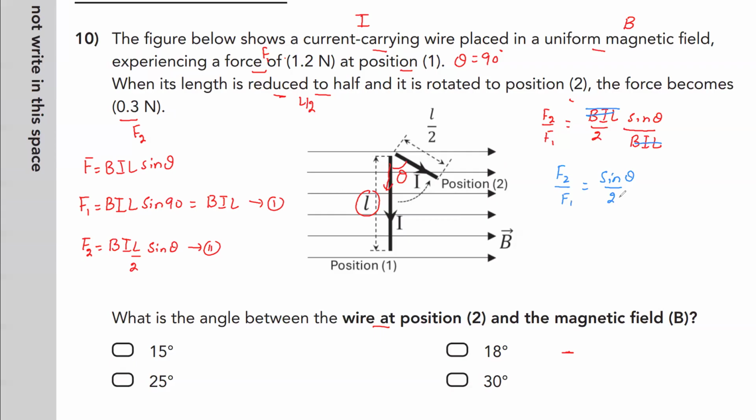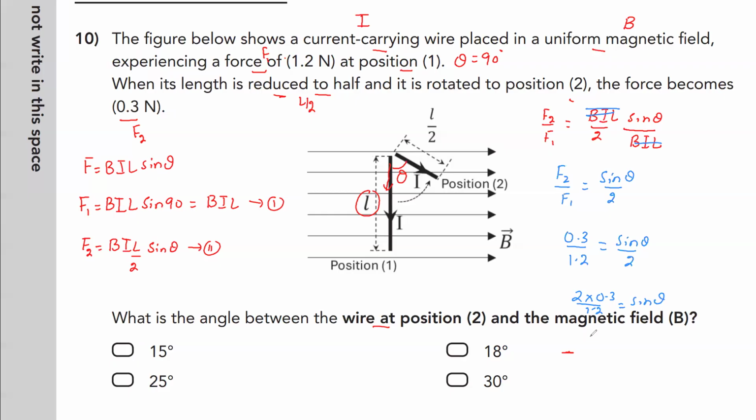F2 here is 0.3 and F1 is 1.2, which is equal to sine of theta divided by 2. When you multiply, 2 multiplied by 0.3 divided by 1.2 is equal to sine of theta.